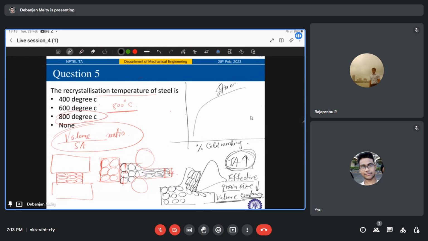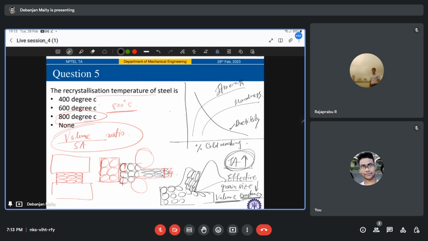Your strength increases, and as your strength increases, of course your hardness also increases. And as I said, if strength and hardness are increasing, ductility is getting reduced. So these things should be in your mind during recrystallization and cold working. These are a few rough ideas of what happens during recrystallization.